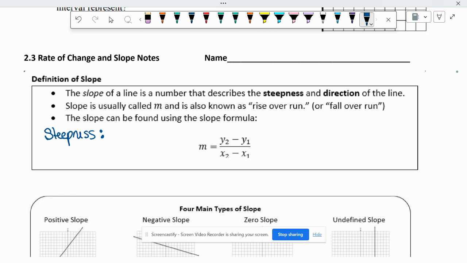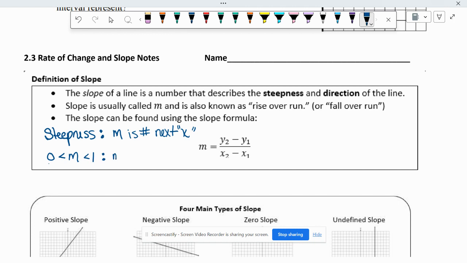Your slope, which we call m, is the number next to the x variable in your equation. So the steepness, if it's between 0 and 1, so I have 0 is less than m is less than 1, that means it's going to be a fraction, in between 0 and 1.